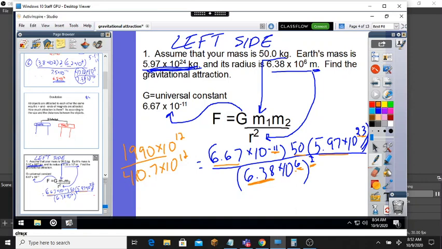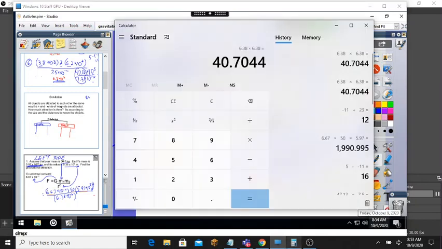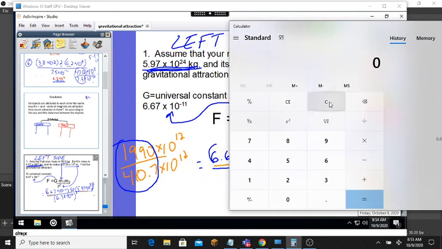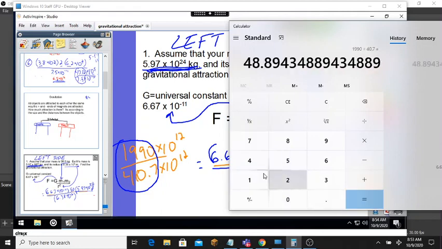Okay? So now I will divide that. 1990 divided by 40.7. That gives me 48.8.